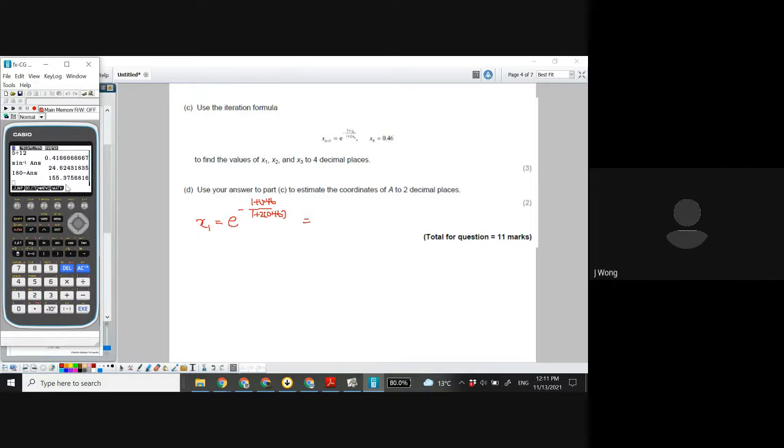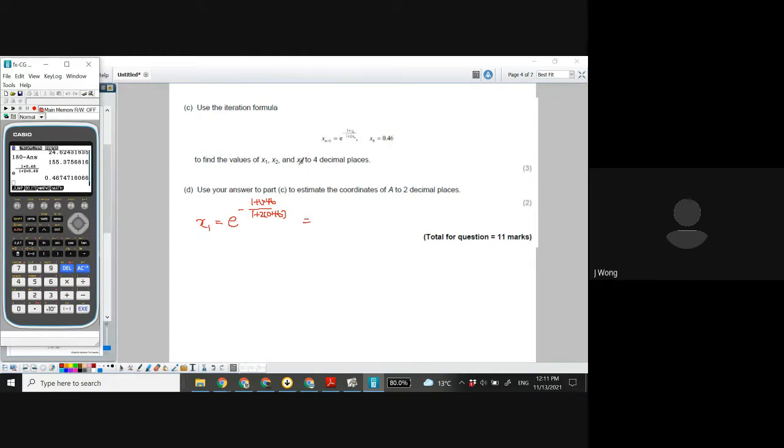So let me get my mouse first. It's a bit unorganized. Okay, here we go. So we have the exponential function to the power of minus, fraction 1 plus 0.46, over 1 plus 2 lots of 0.46. And you get an answer for x1, 0.46747.